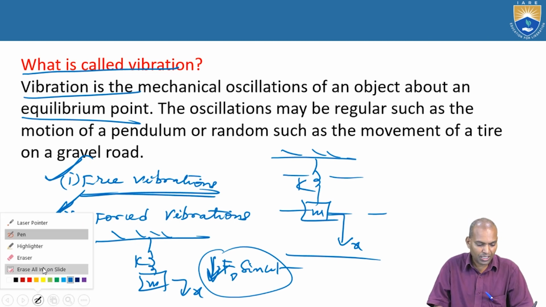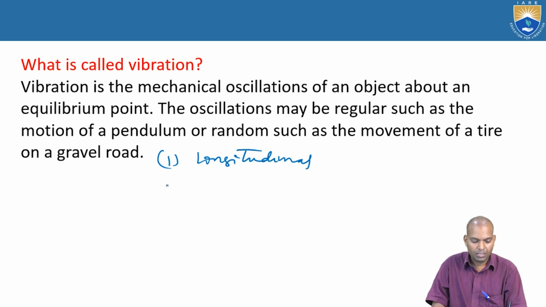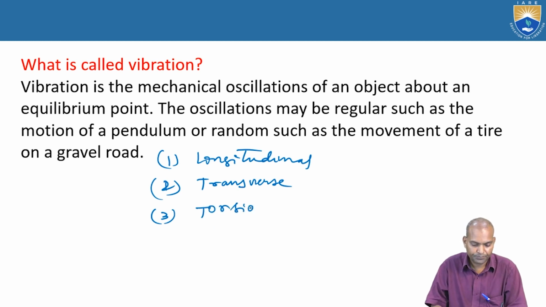Now, in a broad classification of vibration, there are 3 more types. One is longitudinal vibration, another type is transverse vibration, and the third one is known as torsional vibration.